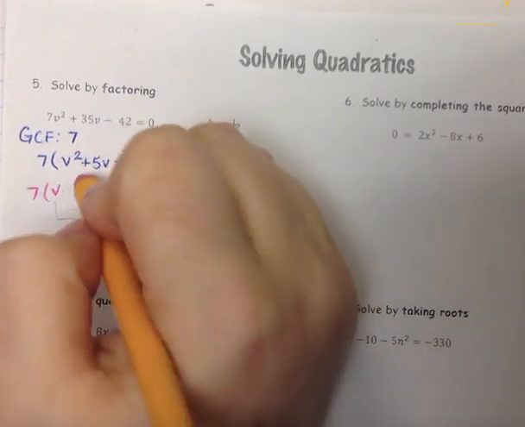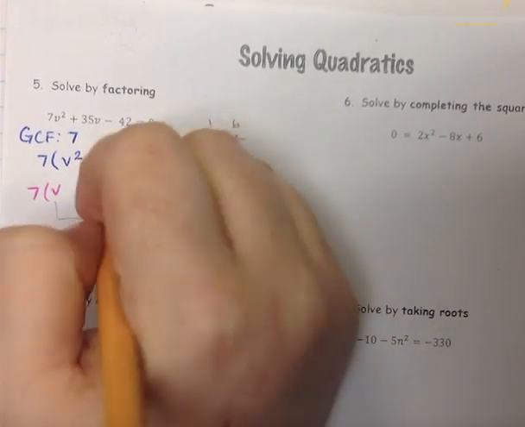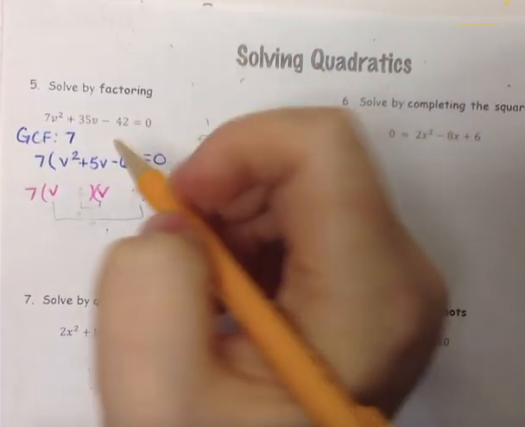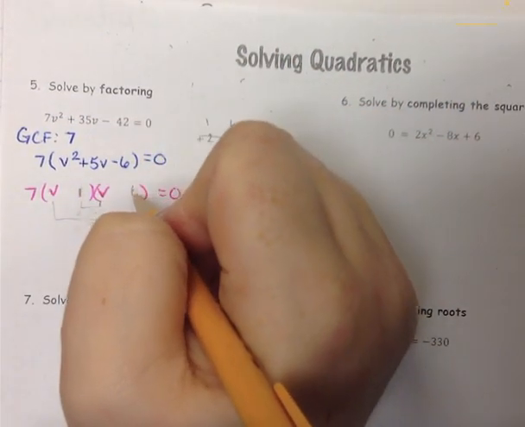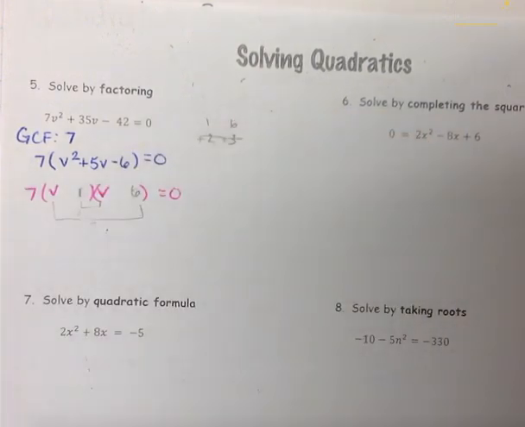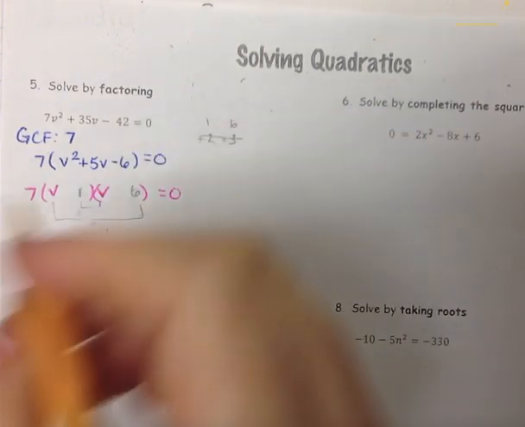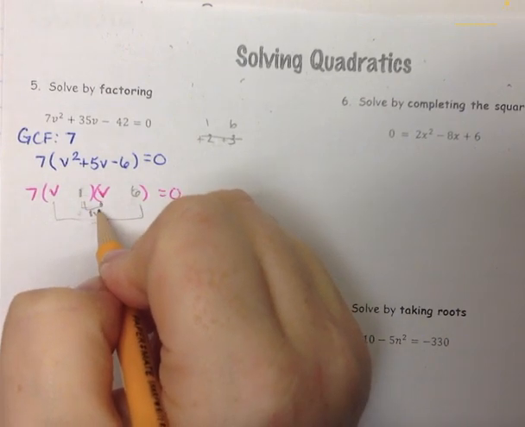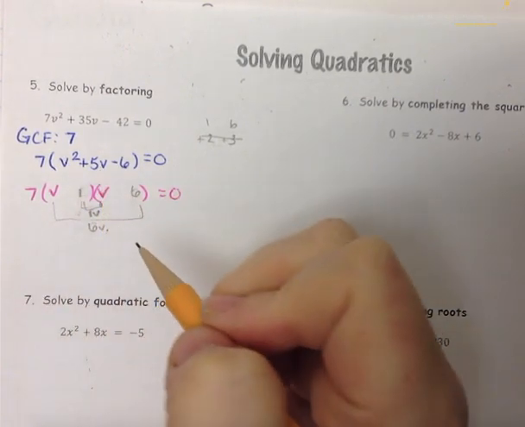So I'm going to erase the 2 and the 3, and I'm going to instead put the 1 and the 6. This is why we use pencil on this, because we are checking to see what happens. So I would have 1v and 6v, and I want to get a positive 5.